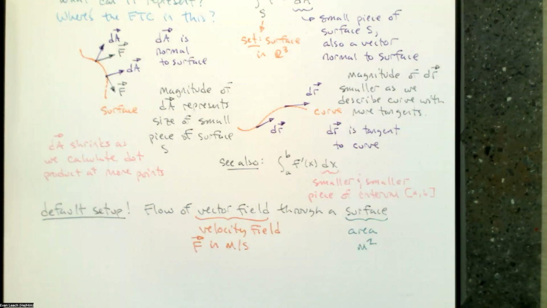And so if everything is constant, I'm just going to take our velocity, and everything is in the same direction since we're thinking about dot product.